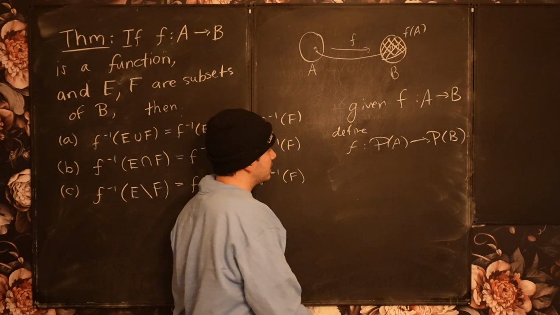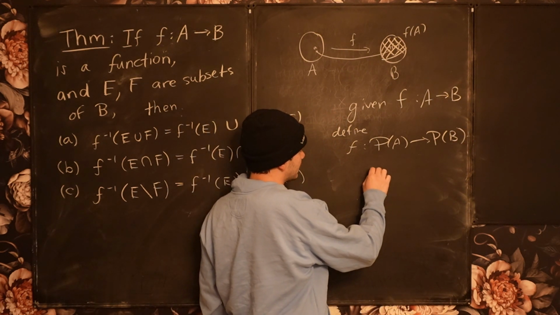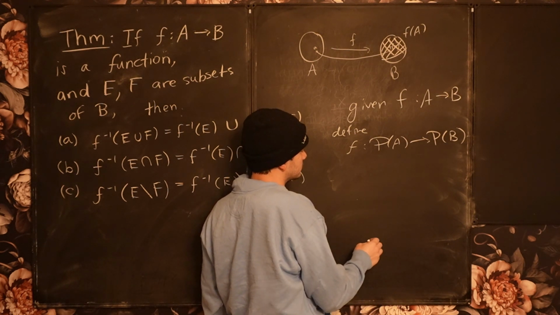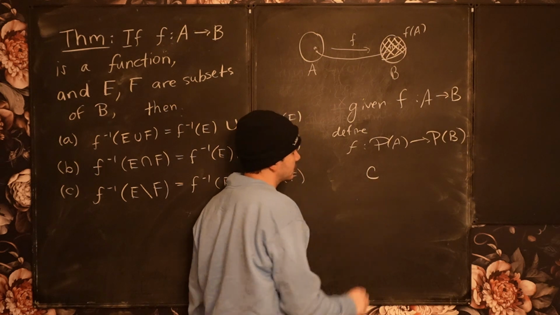Okay? And what it does is it maps a set, let's say, we've already used E and F, so let's say C, okay?